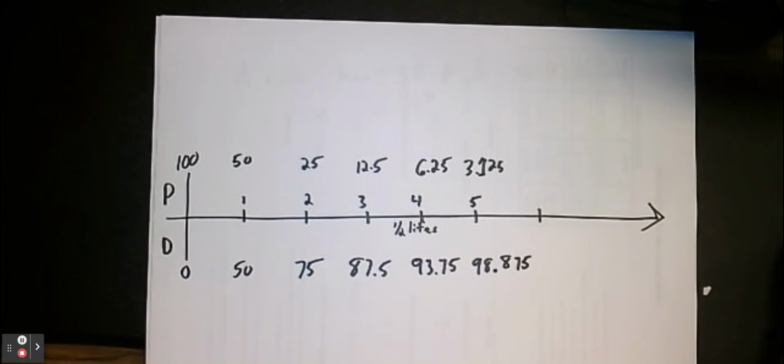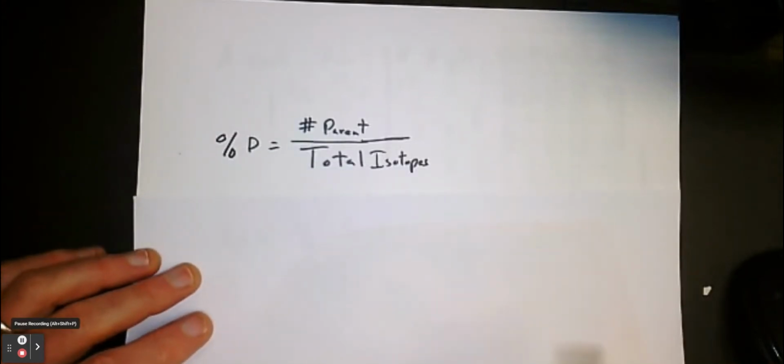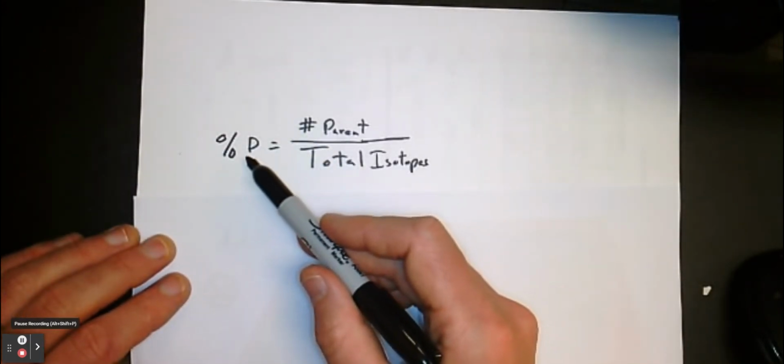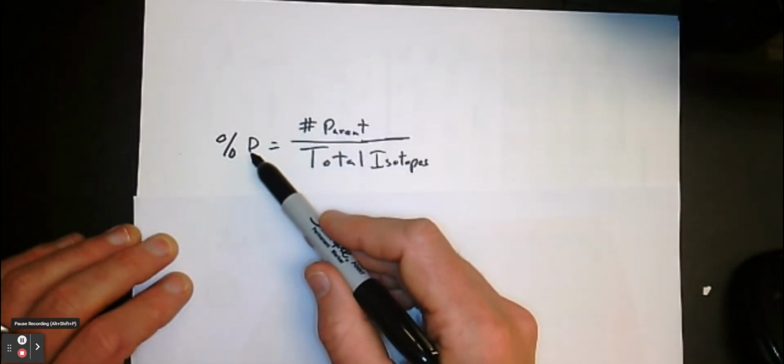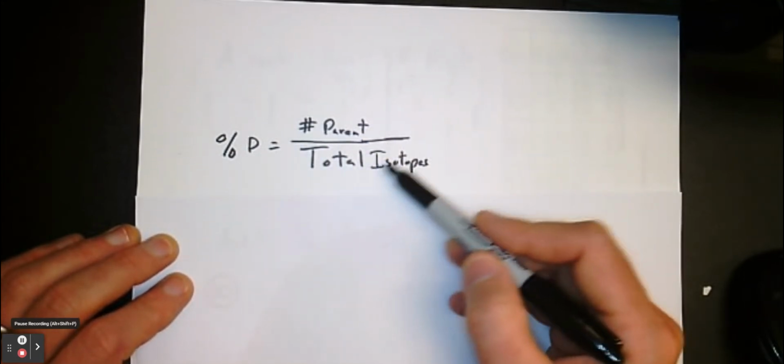And once you have this information, there are 2 formulas you're going to use. One being your percent parent, or percent daughter, which is the parent divided by the total.